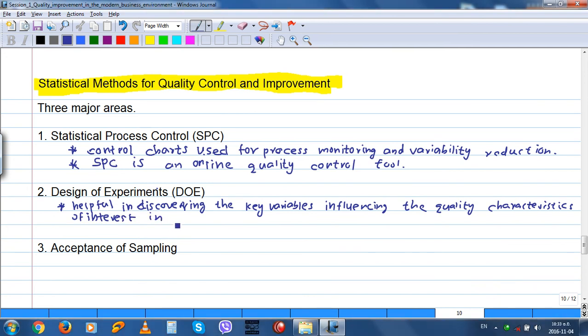If we consider design of experiments, it is not an online tool; it is an offline quality control tool.